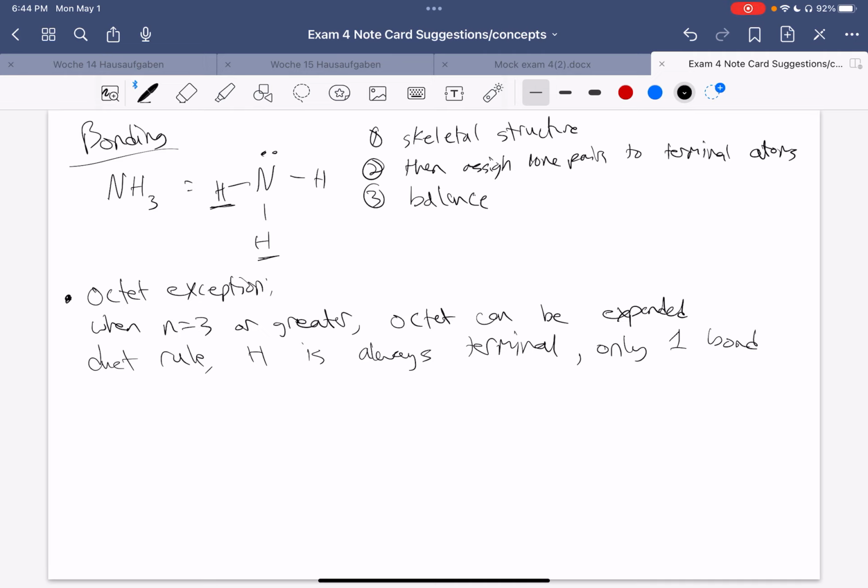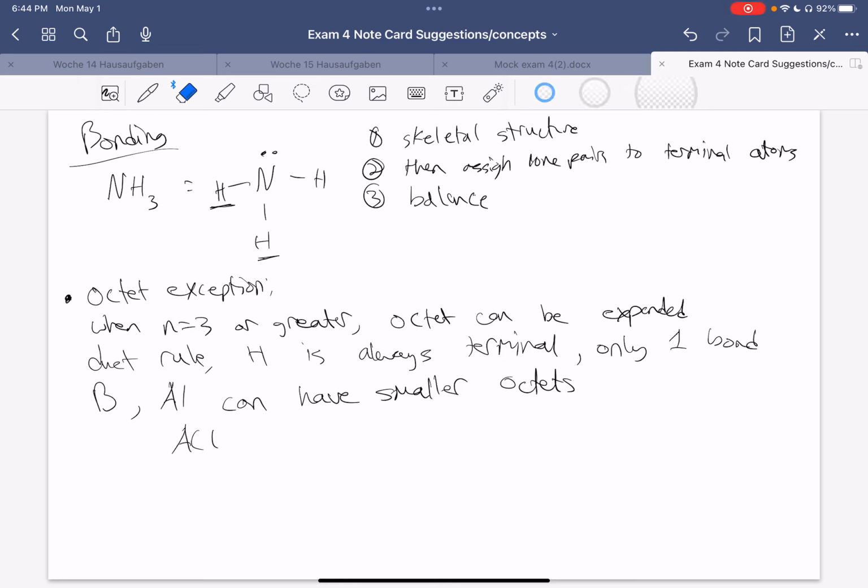And then some other exceptions I think we saw were boron and aluminum can have shrunk octets, I guess. And this is what we saw with AlCl3.